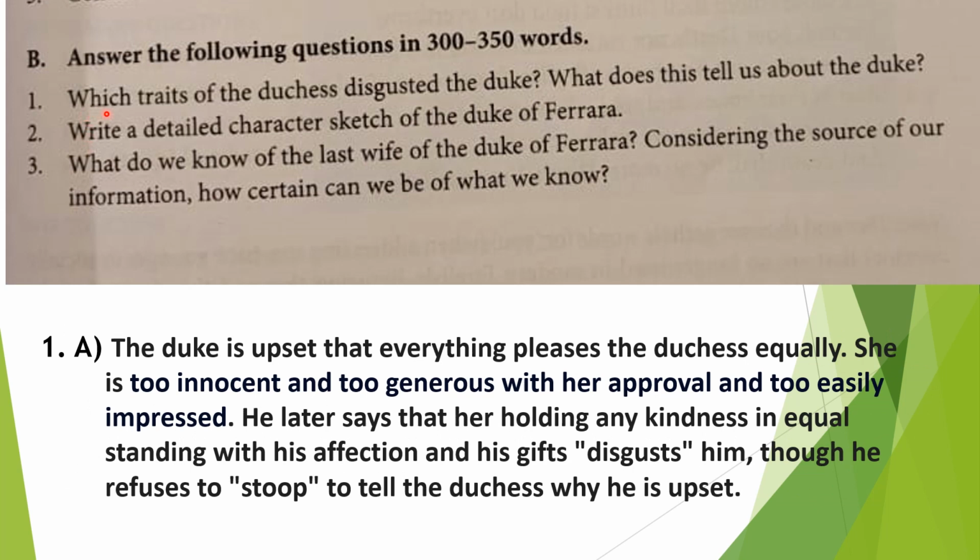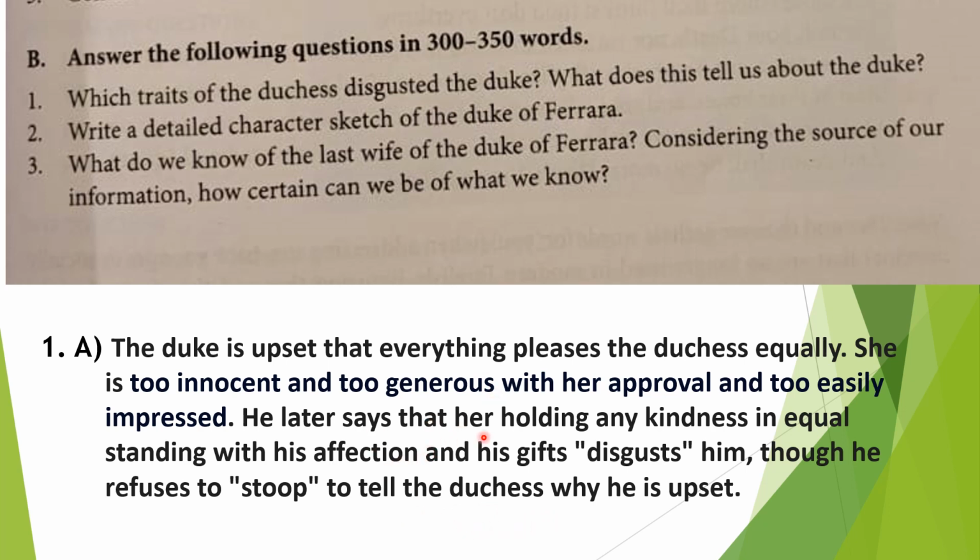The first question, which traits of the Duchess disgusted the Duke? What does this tell us about the Duke? So the Duke is upset that everything pleases the Duchess equally. She is too innocent and too generous with her approval and too easily impressed. He later says that her holding any kindness equal, standing with his affection and his gifts, disgusts him, though he refuses to stoop to tell the Duchess why he is upset.